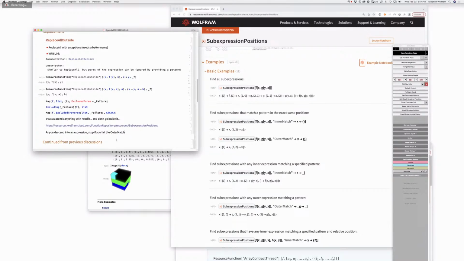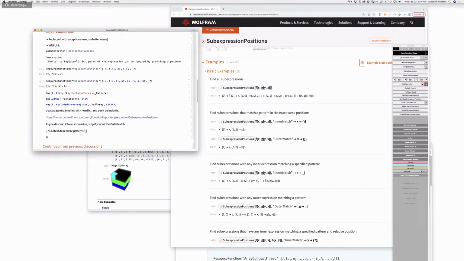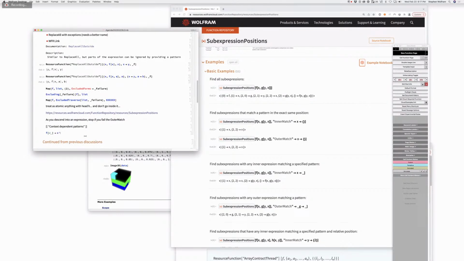You could say that is the analog of context dependent patterns. So we could imagine something where we say, f of x blank goes to x squared, but only do that if there's no g anywhere higher up in the expression.